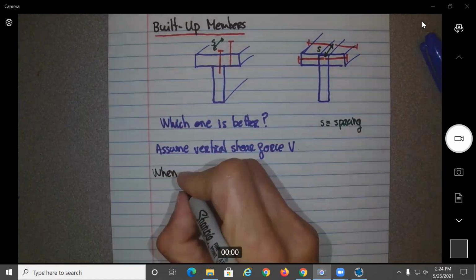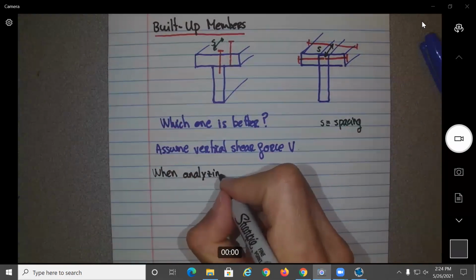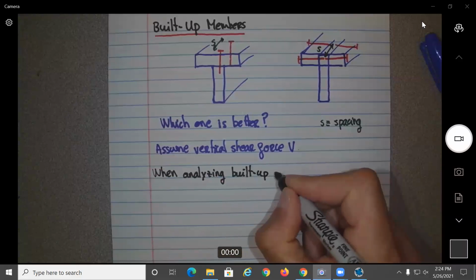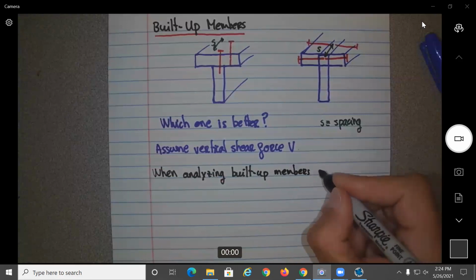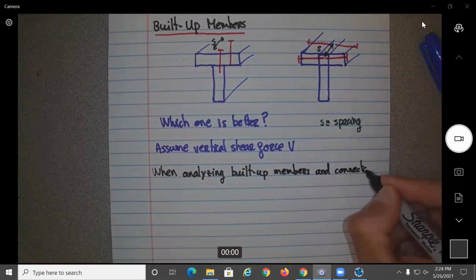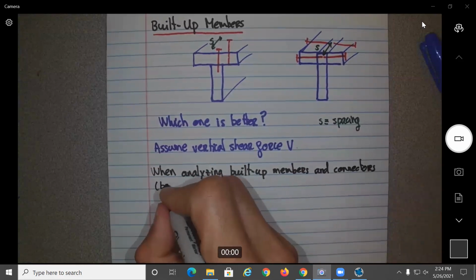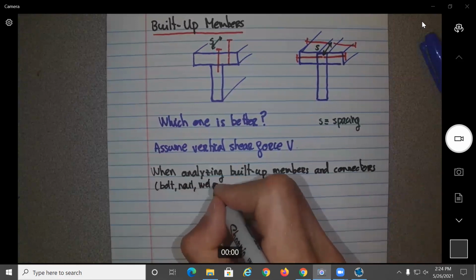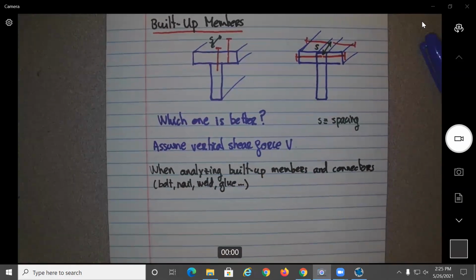When analyzing build up members and connectors or connections, okay? So connectors can be bolt, nail, weld, glue, whatever you can think of, okay?